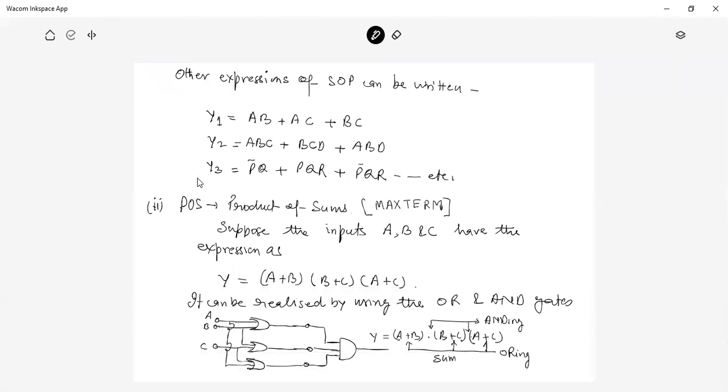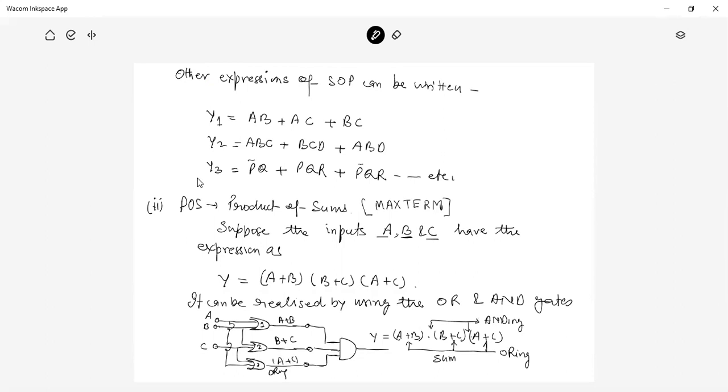Say A, B, C are the three inputs, and the expressions are A plus B, B plus C, and A plus C. These three inputs are connected to the first, second, and third OR gates, and the outputs are A plus B, B plus C, and A plus C.